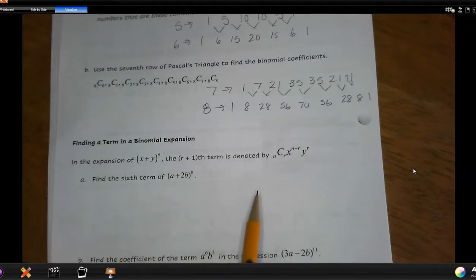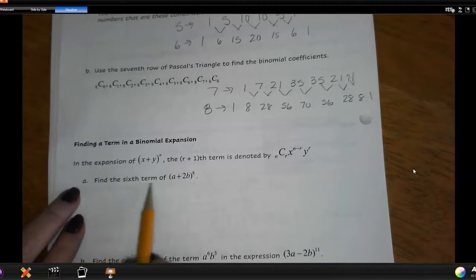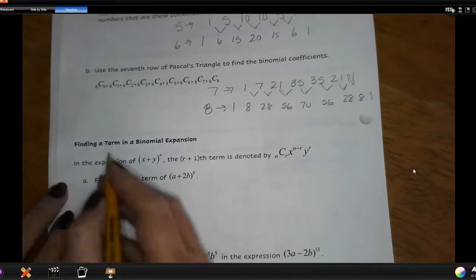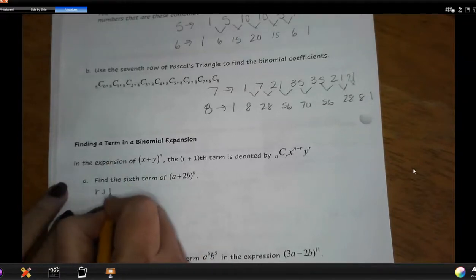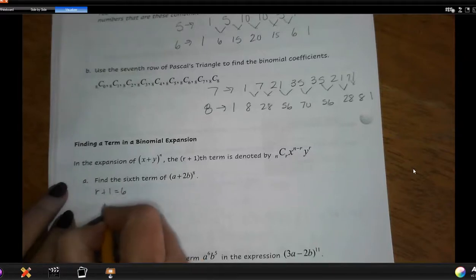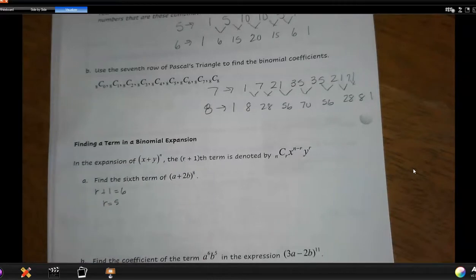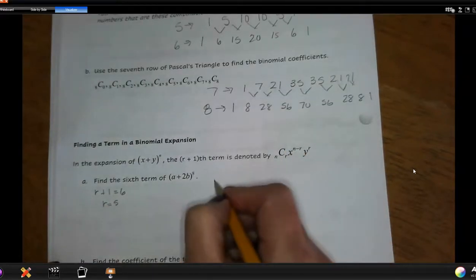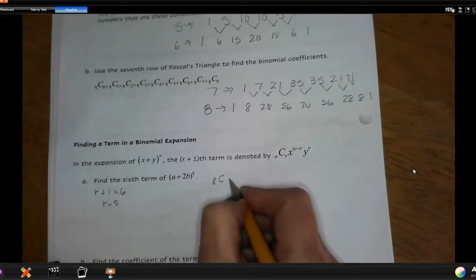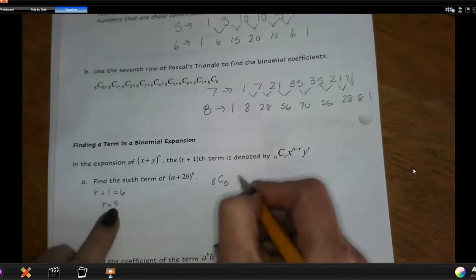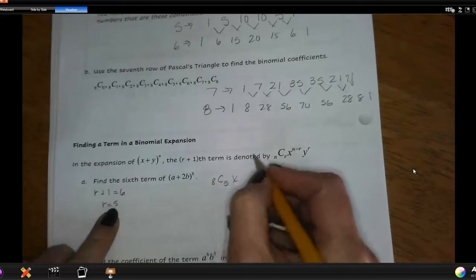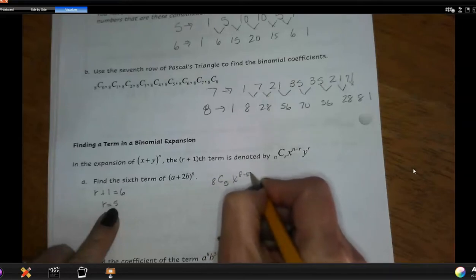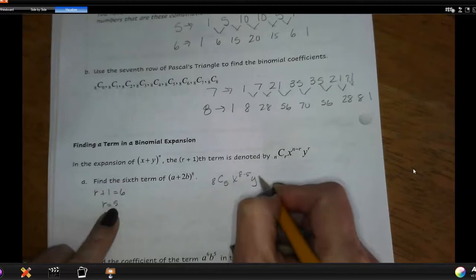So right here, where it says find the sixth term, r plus 1 is our sixth term, so we're going to say r is 5. So let's write out what it would look like. It would look like 8 choose r, which is 5, then x would be 8 minus 5, and then y would be 5.